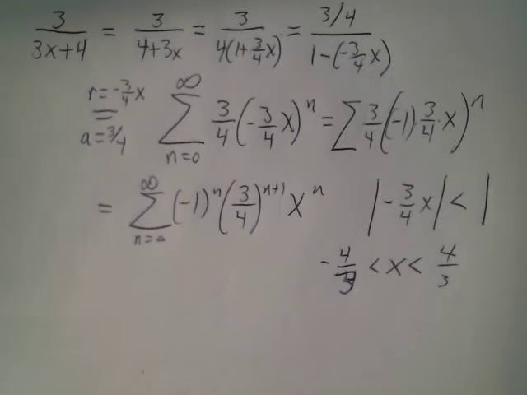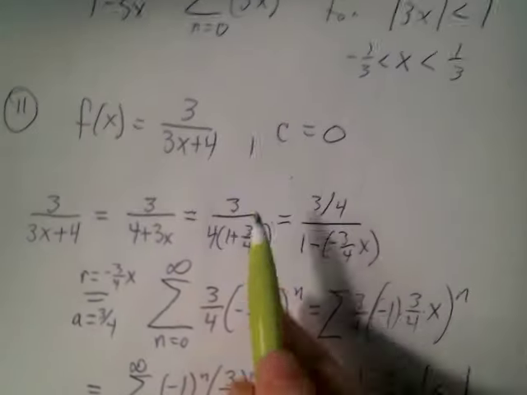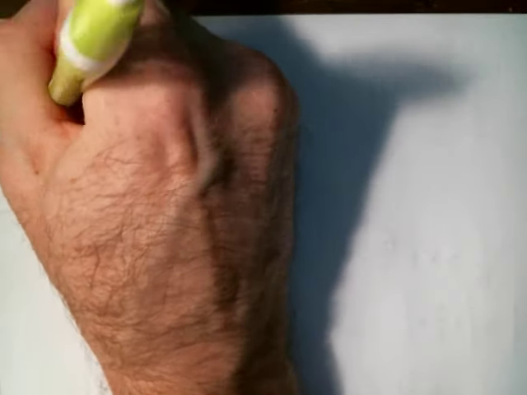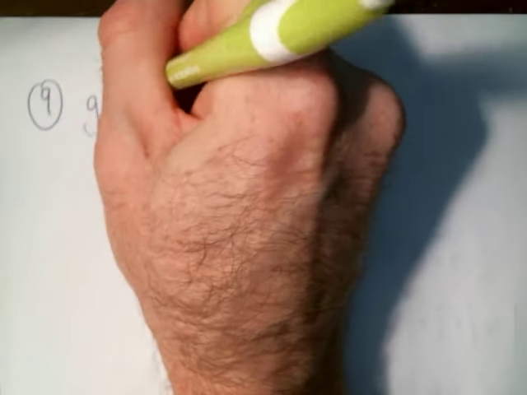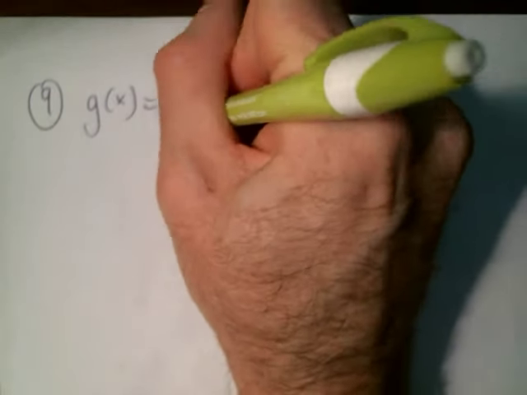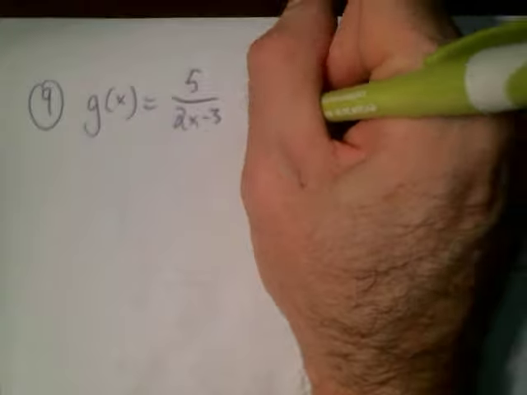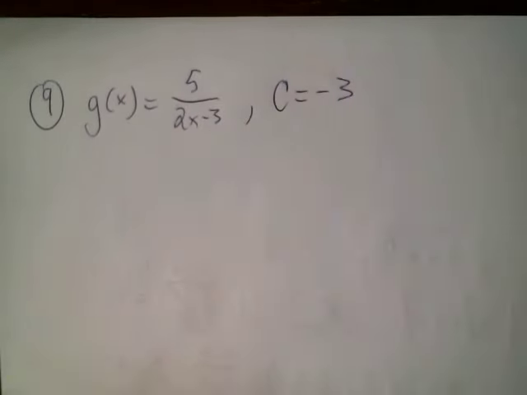Let's look at yet another one. This time we'll take a non-centered one, so these were all centered at 0. Let's look at one that's not centered at 0. And the algebra is just a little more tricky, but it's the same idea. So number 9, g of x equals 5 all over 2x minus 3, and c is negative 3.